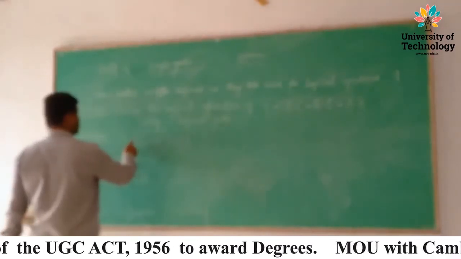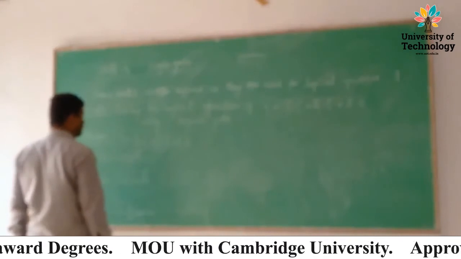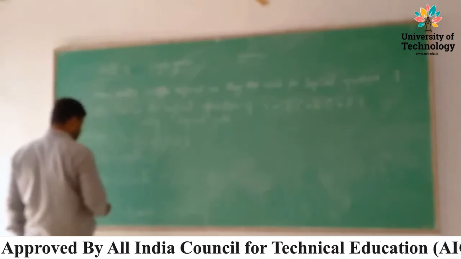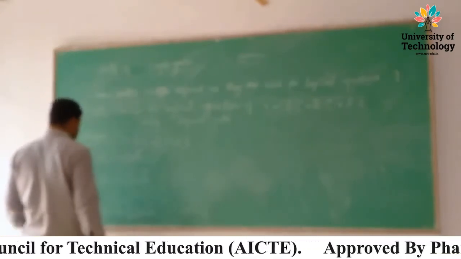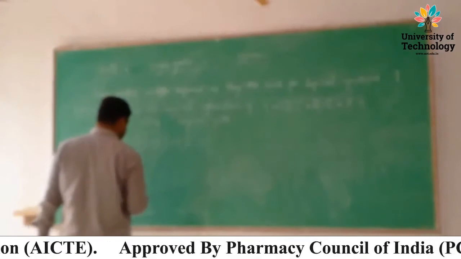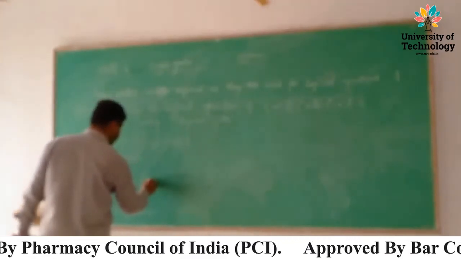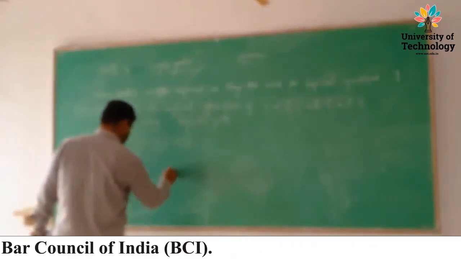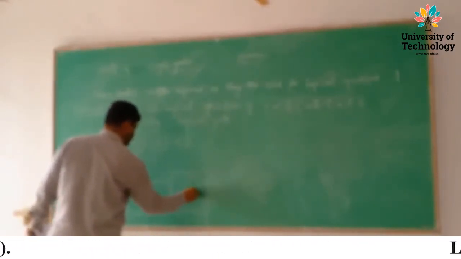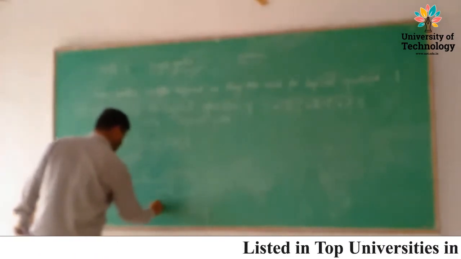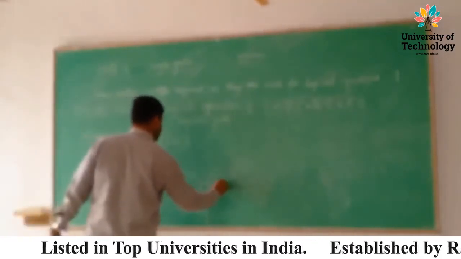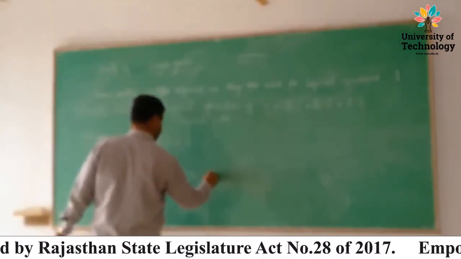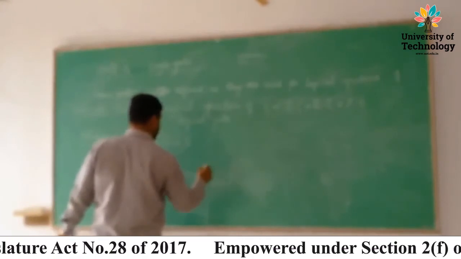Now our aim is the first part B bar into C bar, which is obtained by AND gate. Here B bar, C bar.